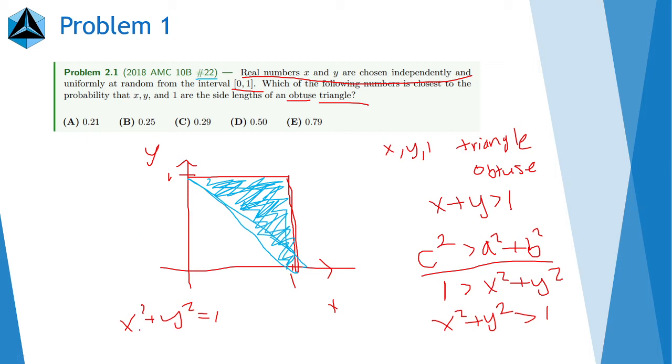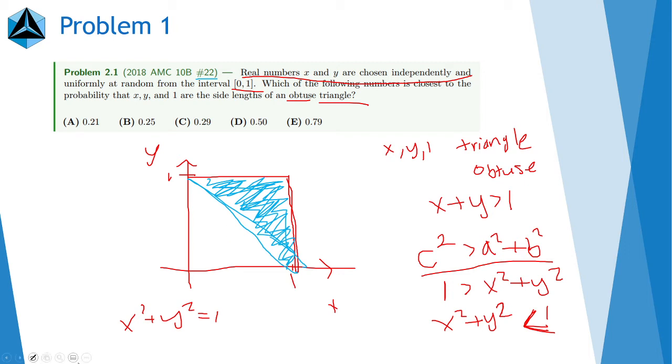Oh, by the way, I messed up my sign here. I'm sorry. It's supposed to be less than. So since 1 is greater than x squared plus y squared, x squared plus y squared is going to be less than 1.